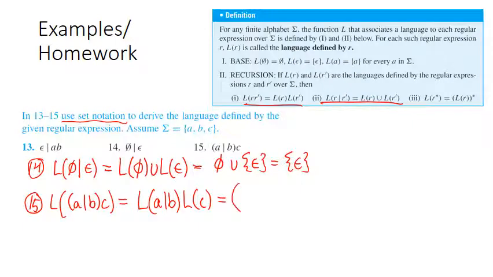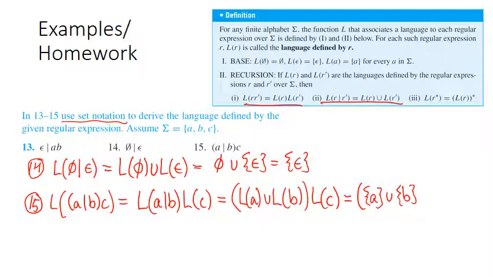So this is going to be L of A union L of B, and I'm putting parentheses around that because I want to evaluate it before I concatenate it with L of C. At this point I've just got one symbol in each of my languages, so each is just the language containing that symbol alone. That's the only string I get there. And then I'm going to concatenate that with the set containing the string C.